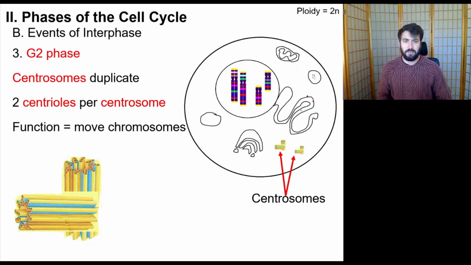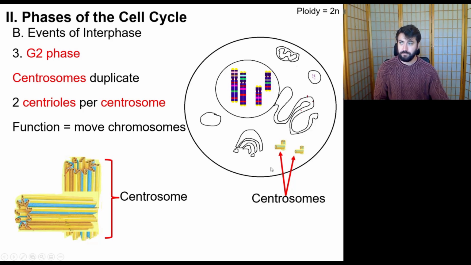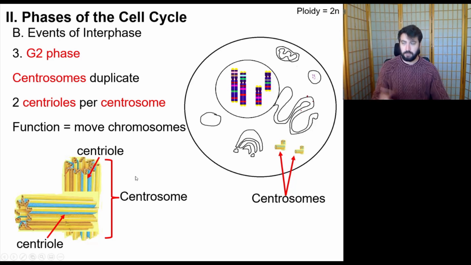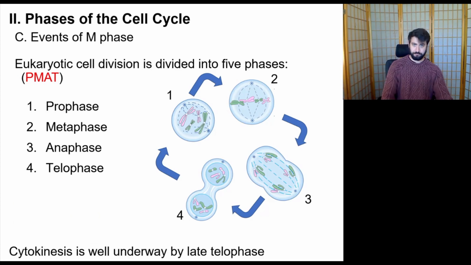So you can think of the centrosomes as like spring-loaded spools of wire, and the centrioles are the thing that makes those wires. Okay. Now there we go, there's the centrosome. And the centrioles. Okay. All right.